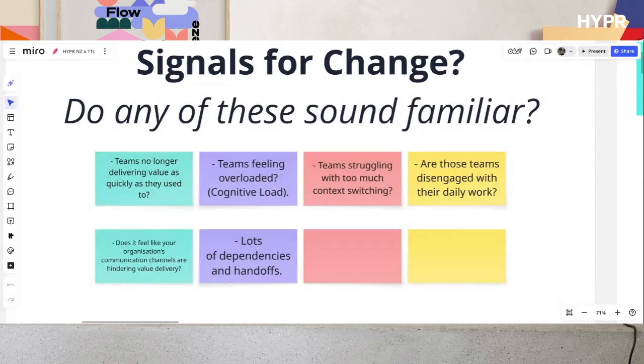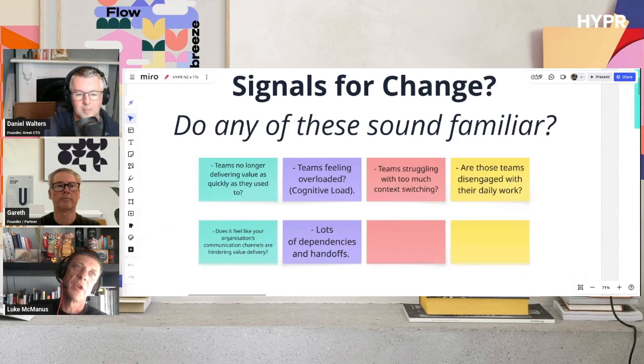Communication channels hindering value delivery. So because of our org structures and charts and reporting lines and other things, is the focus really about flow and customer value, or is it about looking inwards at ourselves?